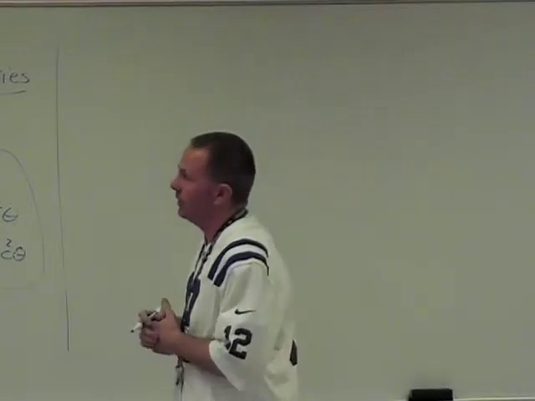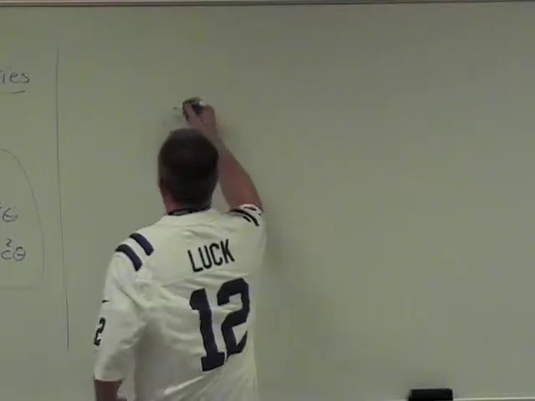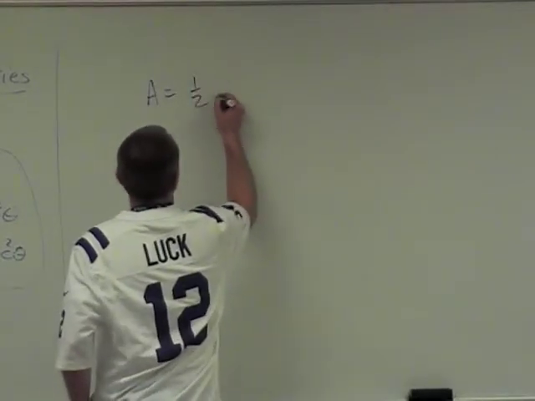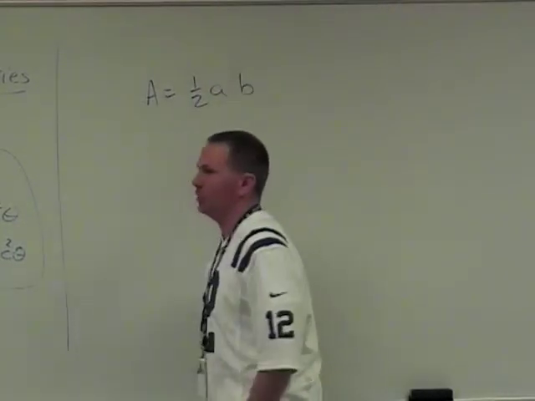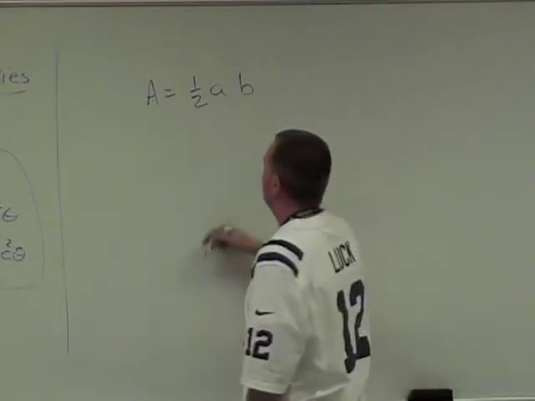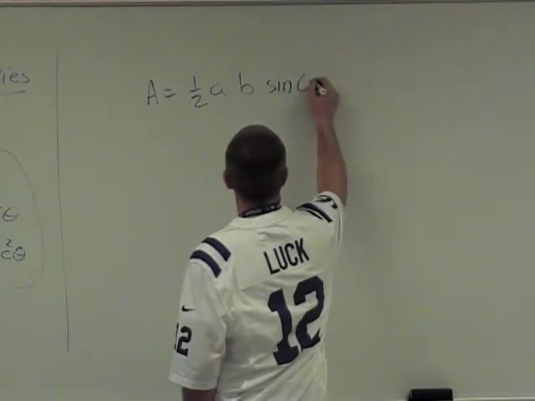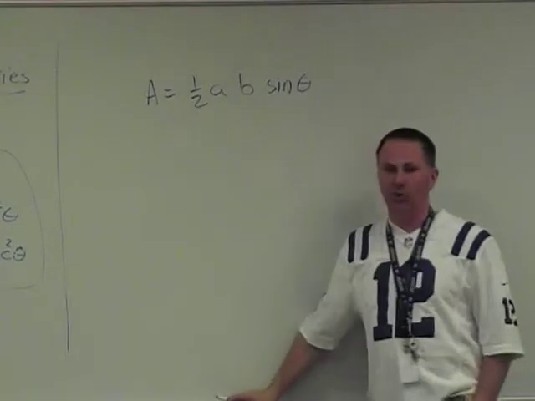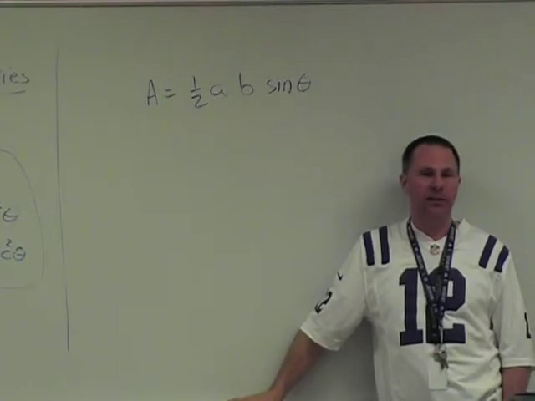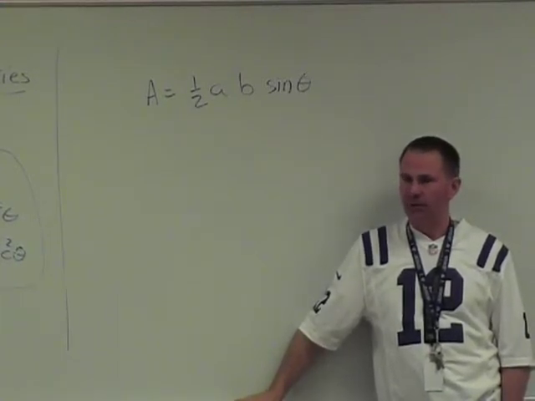You don't really know how to find the area of a triangle that's not a right triangle and you don't have the altitude. If you have two of the pieces of the triangle, two of the legs, and you have the degree in between those, you take the sine of that, you can find the area of the triangle.